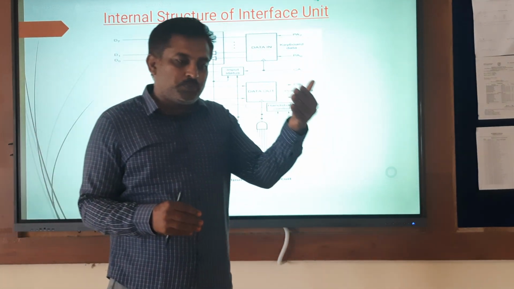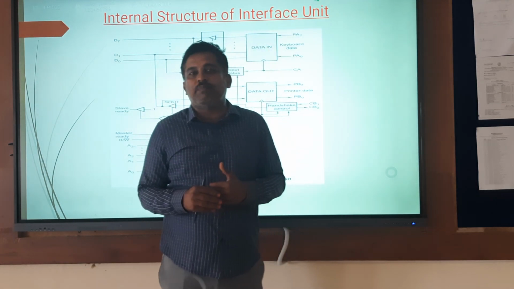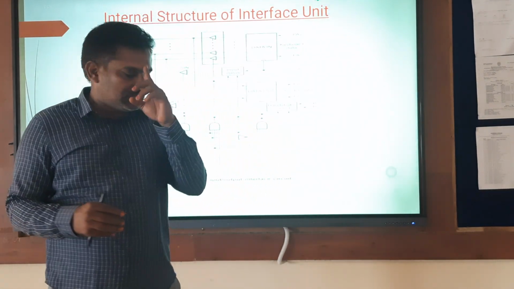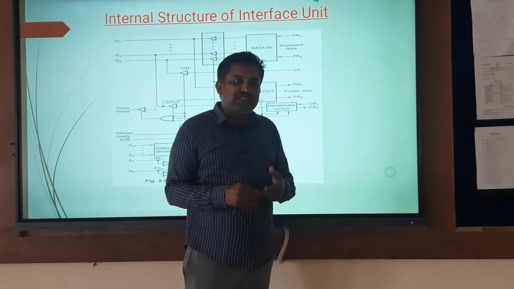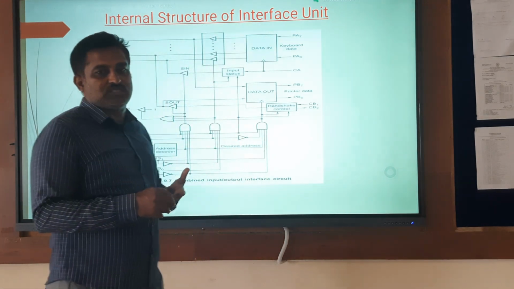In case of the input interface circuit, what type of registers does it contain? Data in register as well as S in register. In case of the output interface circuit, it contains the data out register and S out register.